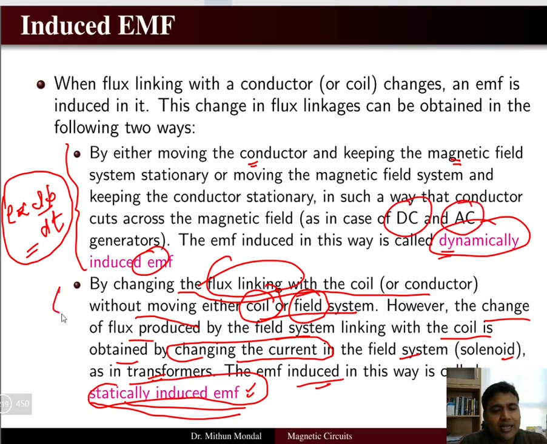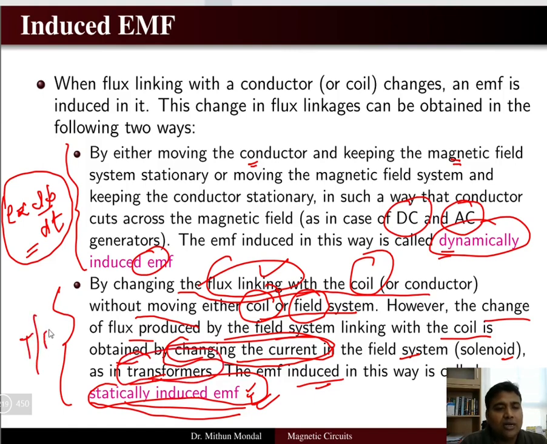In the second case, both the flux as well as the coil are constant, but the current is changing. If you are changing the current, then the EMF that is produced is known as statically induced EMF. In this case, the governing principle is of the transformer. So this is the principle for the transformer, and that is the principle for AC or DC generators.